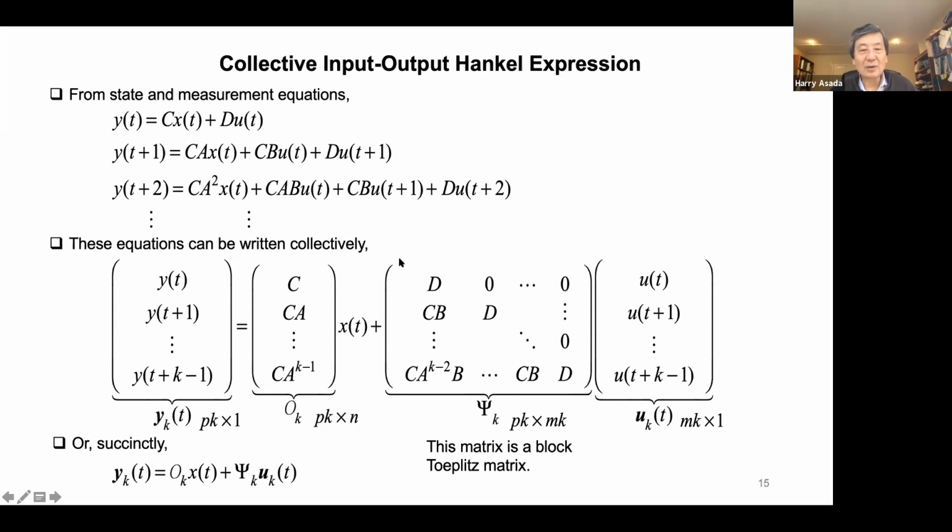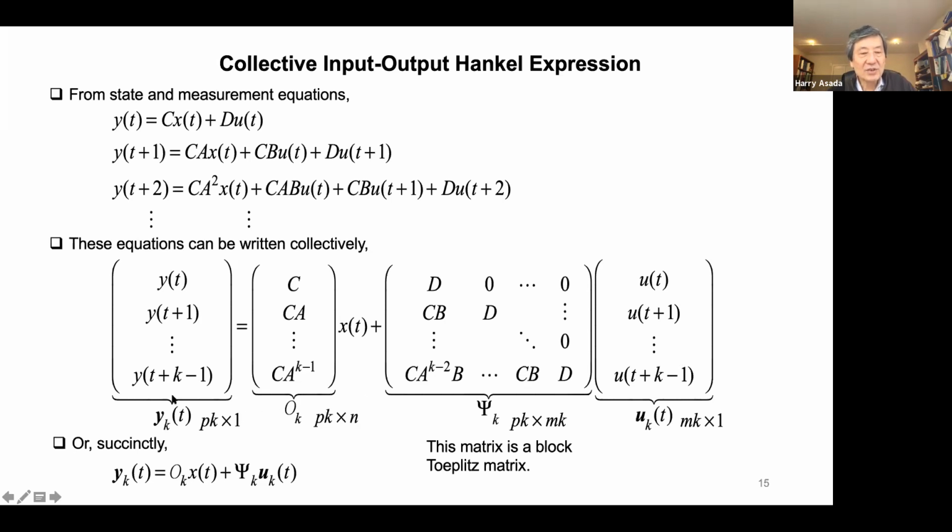Let's check line by line. y_t equals Cx_t plus Du_t, right here. Second line, y_{t+1} is CAx_t plus these two terms, CBu_t and Du_{t+1}. Likewise, you can get all these terms in this way.